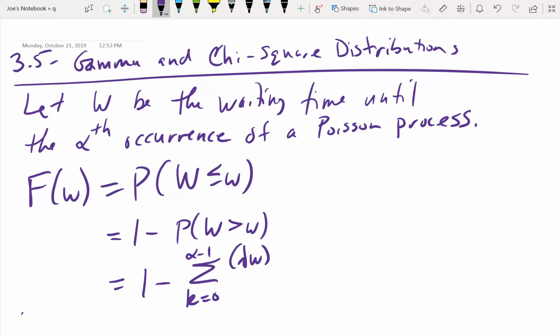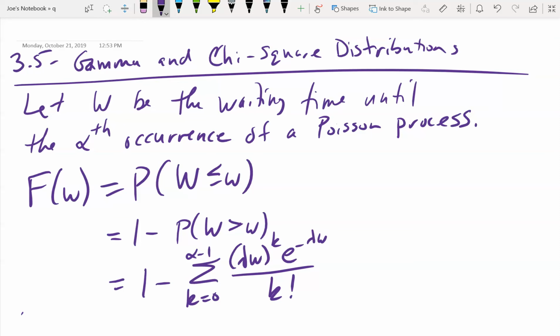If we see lambda per unit time and there's w time increments, then we will use lambda w to the k, and then e to the minus lambda w over k factorial. We did this with the exponential, didn't we?